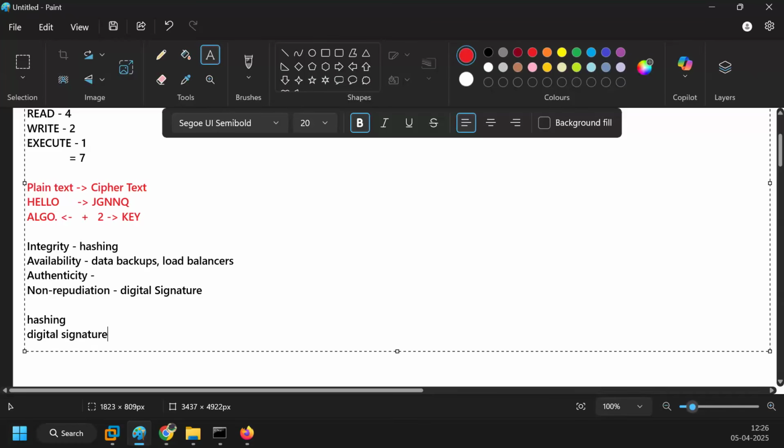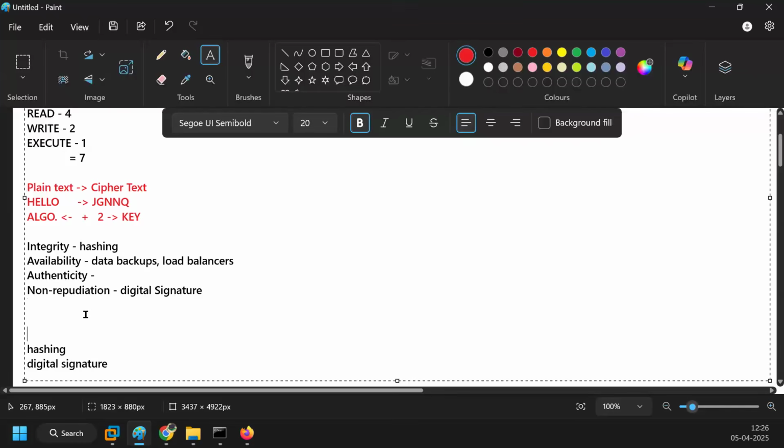Now, when we are talking about mails, we are using hashing. The sender writes a message, let's say "hello." After that, he creates the hash, and he encrypts the hash of the original message by using the sender's private key.